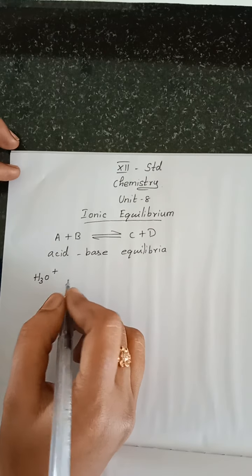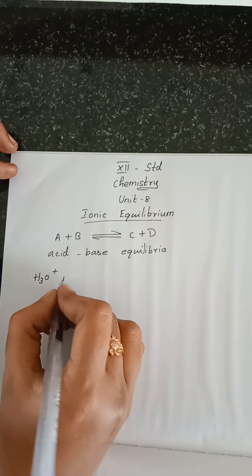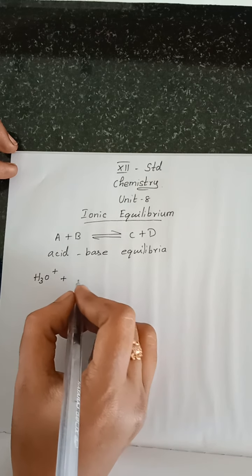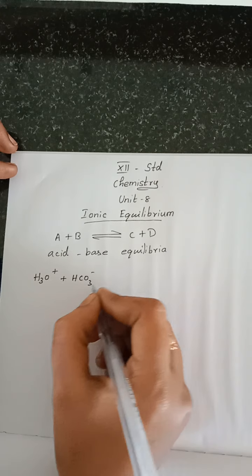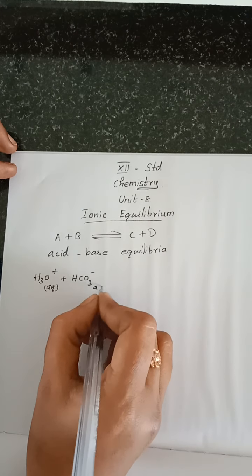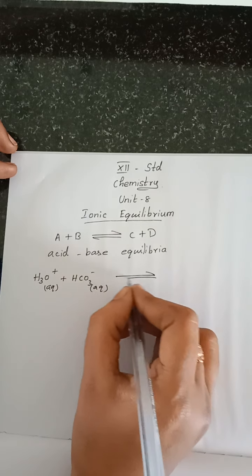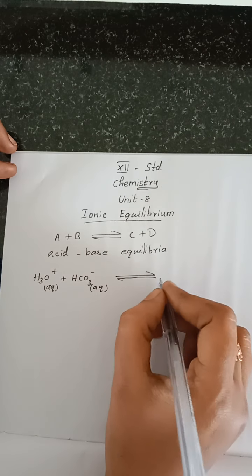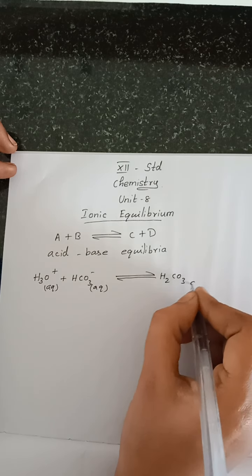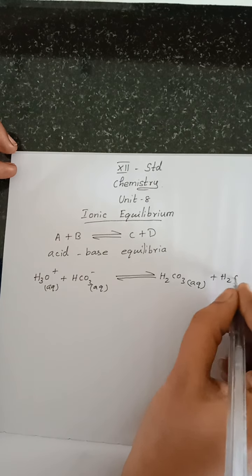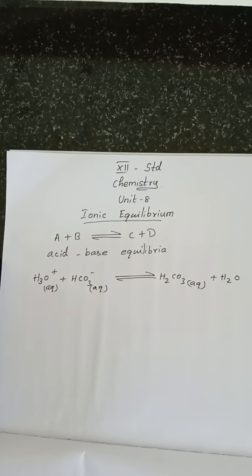The hydronium ion reacts with bicarbonate, HCO3 minus, in aqueous medium, forming carbonic acid, H2CO3, in aqueous medium, plus water. So in this example reaction, carbonic acid is formed from the bicarbonate buffer in the blood. The H3O plus hydronium ion reacts with the bicarbonate to form carbonic acid.